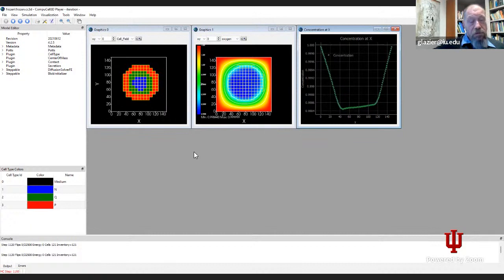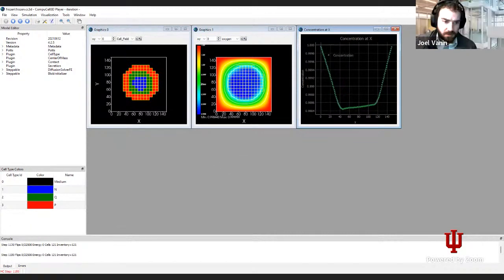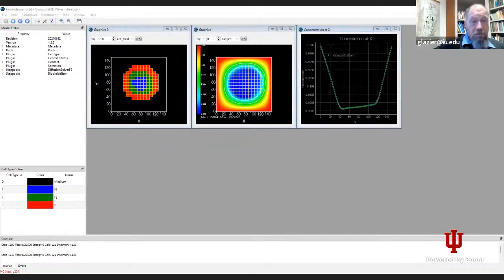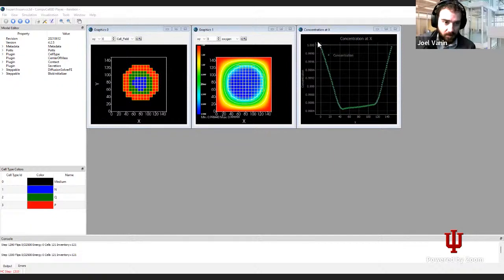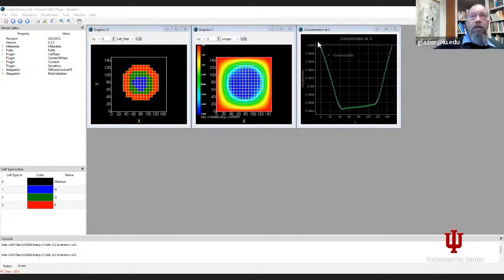Is this for the long diffusion length and the small decay constant? Yeah, this is for 30 and 10 to the minus 3. Yes. So why don't you change it and do the 20 and 10 to the minus 2? See what that looks like. And that one you could actually do by hand. You could go into the model editor on the left and do it there too. It's true.